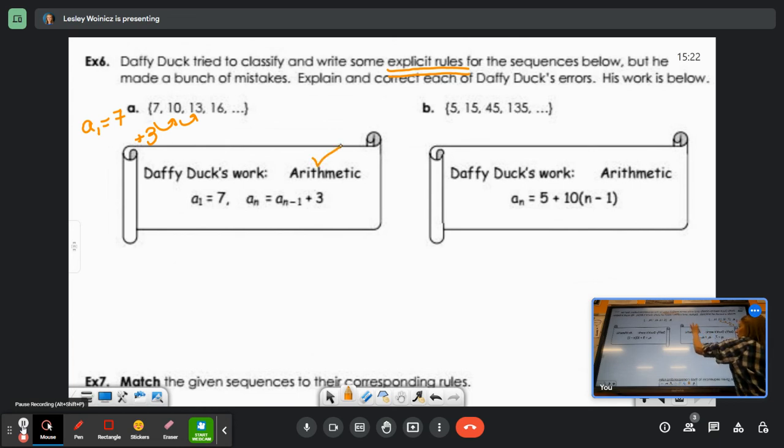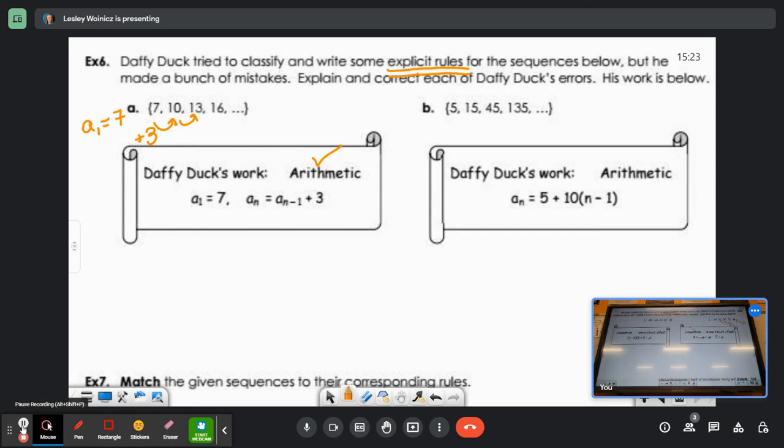Okay. So can you figure out what's wrong with his rule? Use your pink sheet. Is his A sub 1 correct?